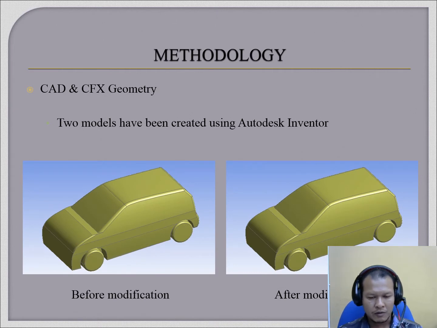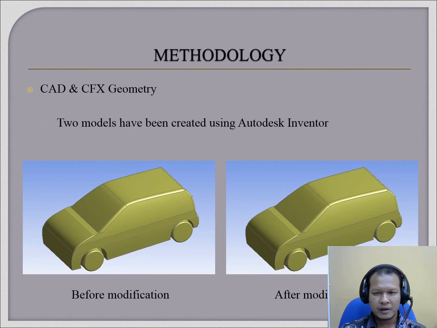This is our methodology of doing the analysis. I drew the model based on the dimensions of the Prodo Myvi model 2013. This model has been designed for the Prodo Eco Challenge competition. The drawing used Autodesk Inventor because we need to do it in 3D.